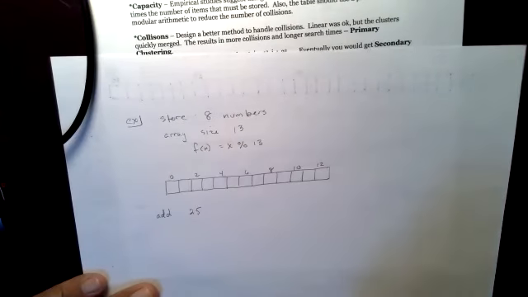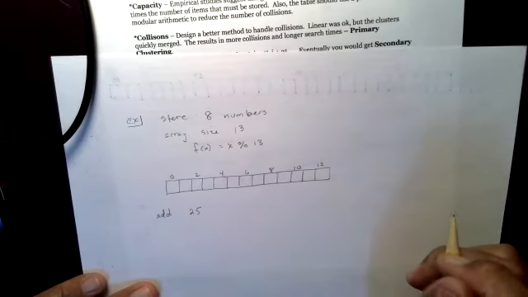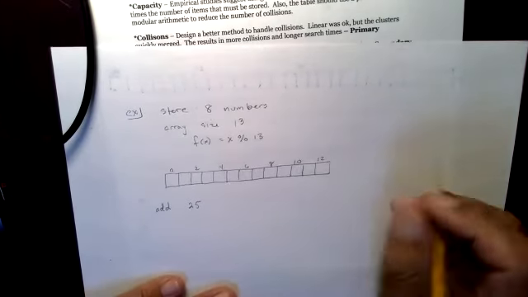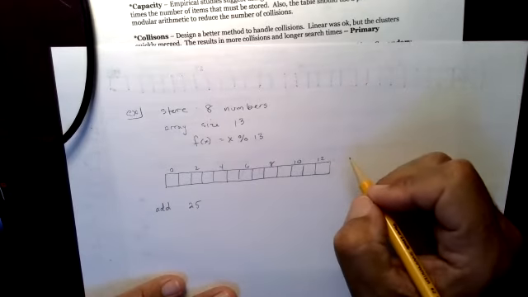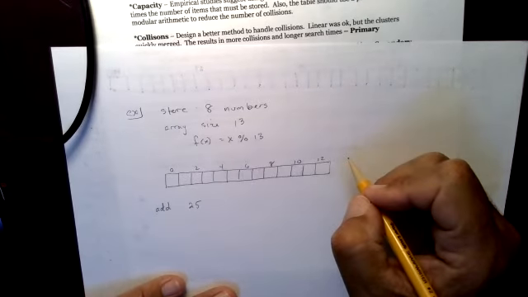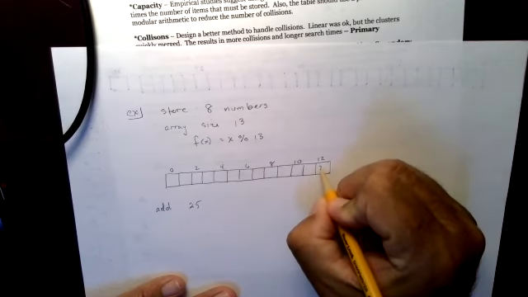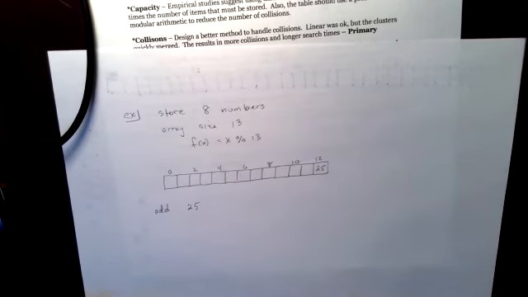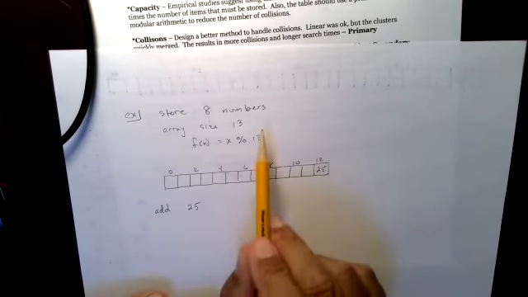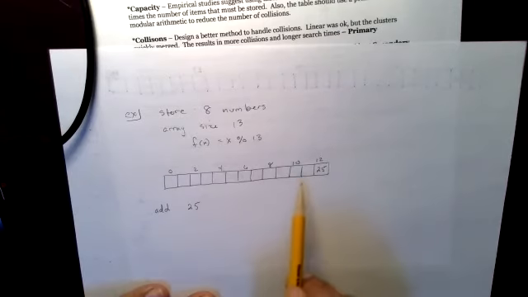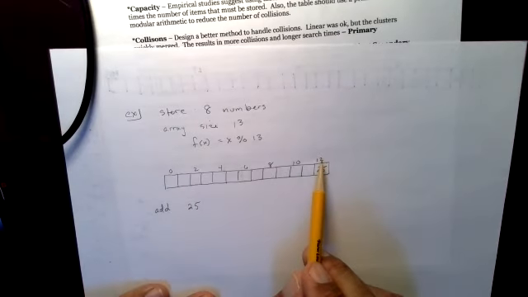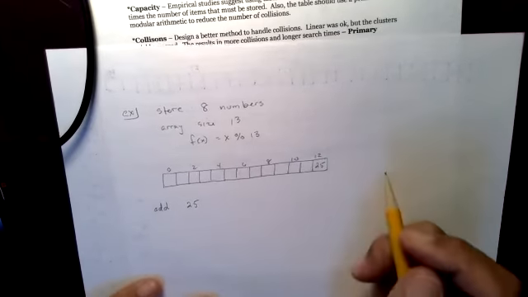Where would 25 go? If I mod it with 13, where would 25 go? 12. How many times does 13 go into 25? Once with a remainder of 12. Okay. Give me another number.